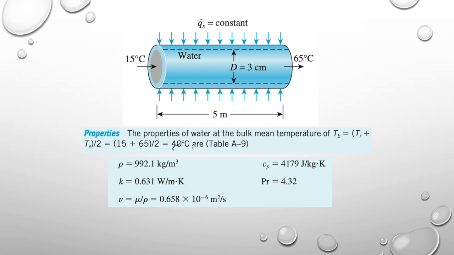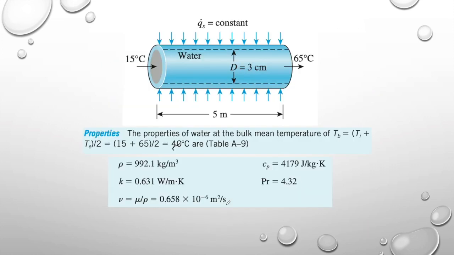So we get the bulk mean temperature is 40 degrees Celsius. Therefore, you have to see table E9 for the properties of water, and you have to find the density rho, thermal conductivity, kinematic viscosity, specific heat capacity, and Reynolds number, because all of these properties will be used in our calculation.